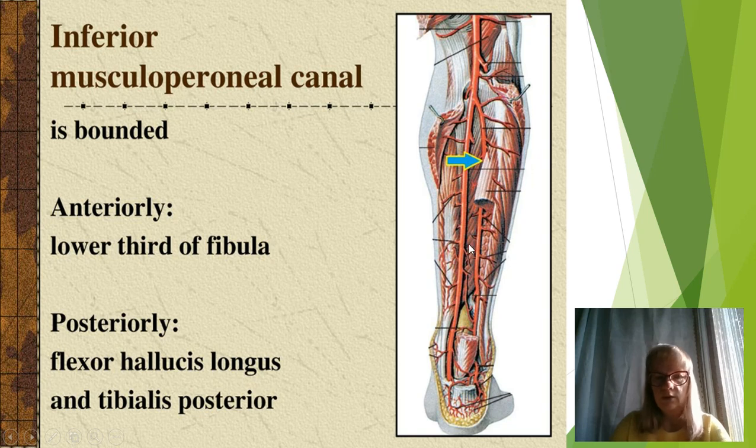So the superior canal has a middle border and a lateral one. The inferior canal has an anterior border and a posterior one. In both canals we have the fibula as one component of the boundaries. In the superior canal it is the middle border, in the inferior canal the fibula is the anterior border.